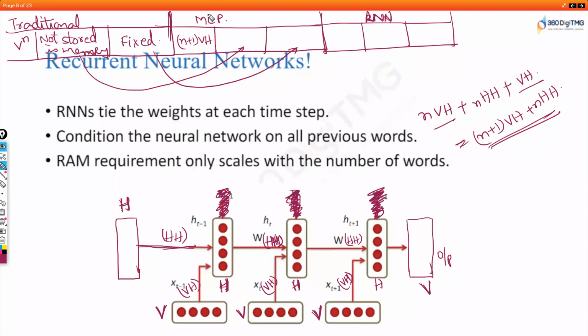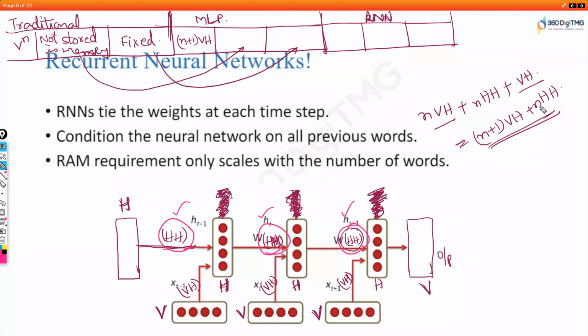Then why should I use RNN? Hold on. When your model backpropagates, it will take these weights and take an average of them, and replace all of them with that average. So all these weights will be the same, even if you have N words.